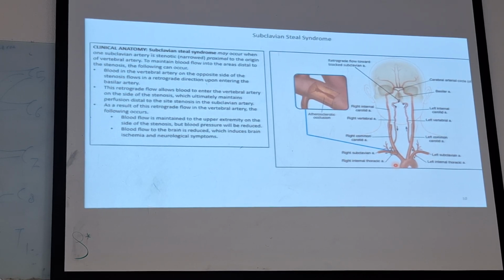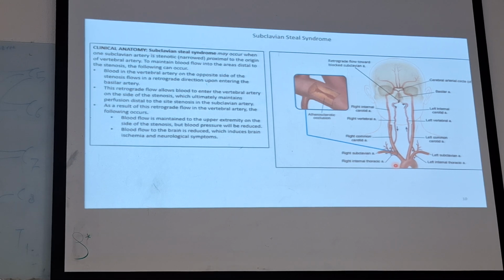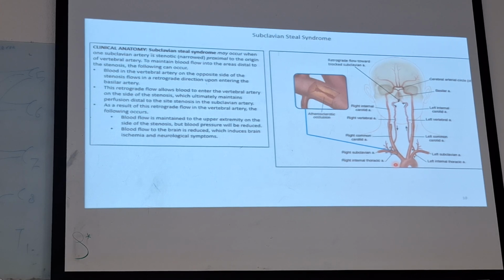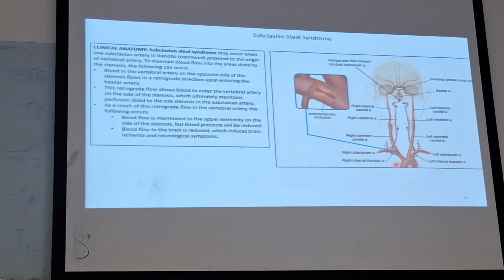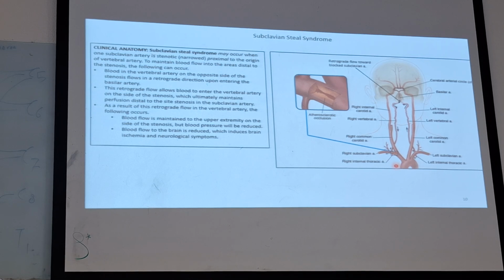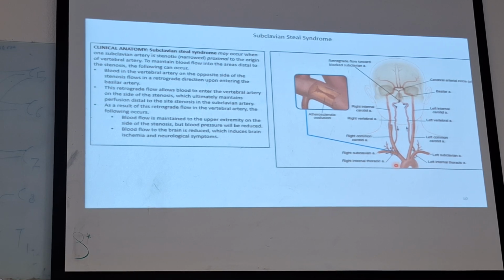Explain this syndrome. The subclavian artery becomes narrower, so the stenosis becomes narrow, and the blood cannot pass through it very well.